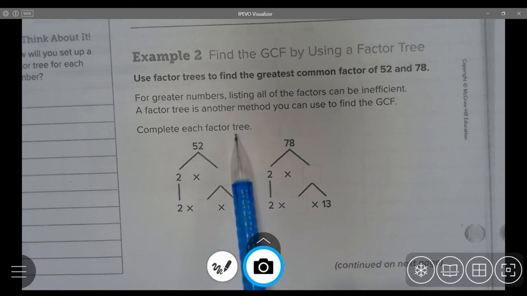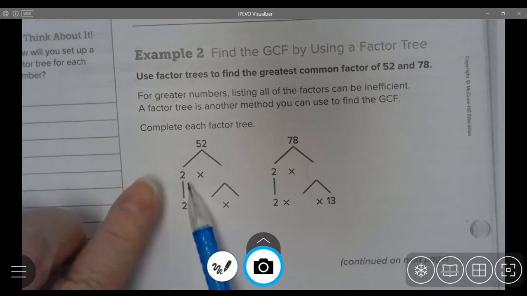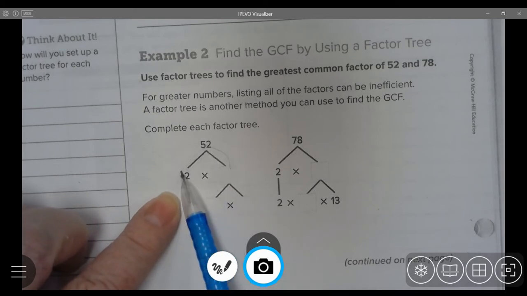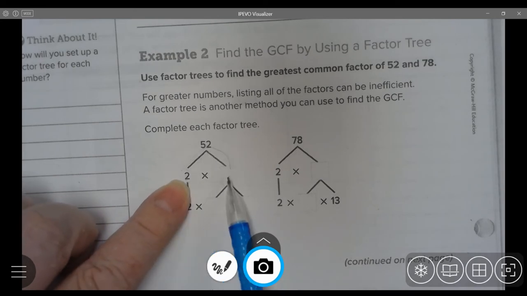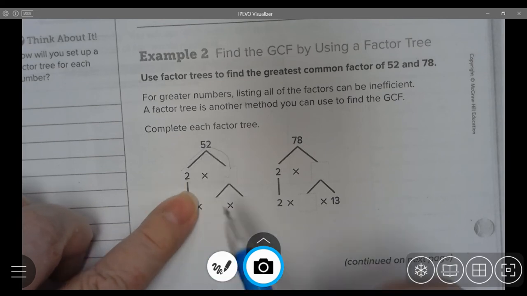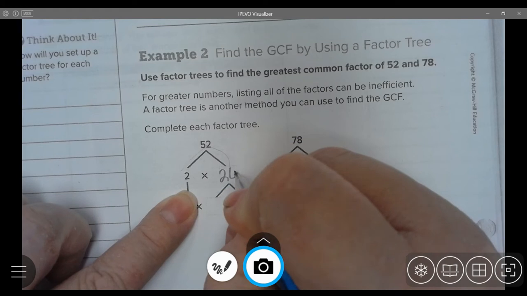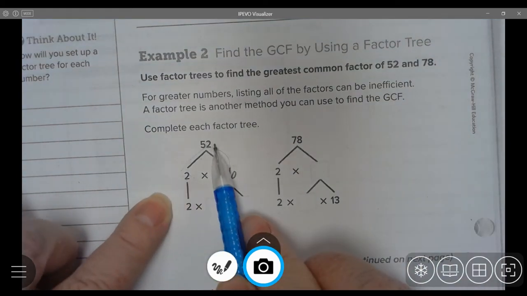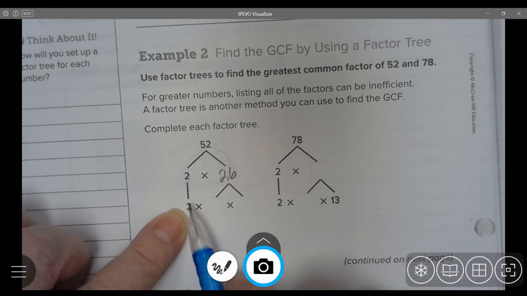Complete each factor tree. So 52. We have 52, and what we do is we take this 52 and we look and see, okay, what two factors multiplied together equal 52? And we have 2 times 26 equals 52. And then I look at this, can 2 go any smaller?